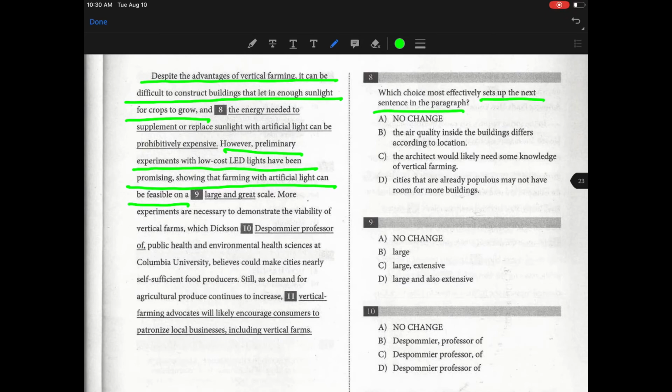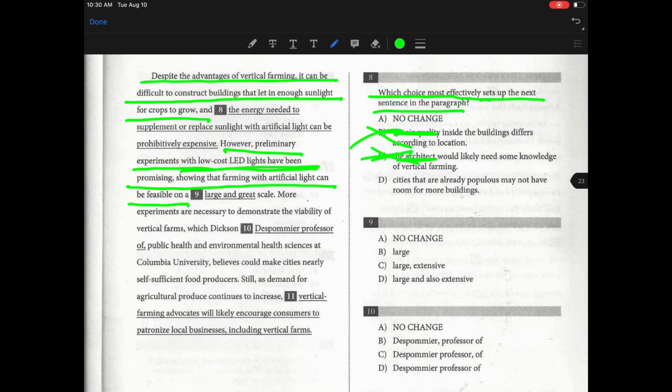Okay, because the question here is, what choice most effectively sets up the next sentence in the paragraph? They're talking about these low-cost LED lights. The air quality inside the buildings differs. It's not about air, not going with B. The architect will likely need some knowledge of vertical farming, but it's not about the architect, it's about the LED lights.